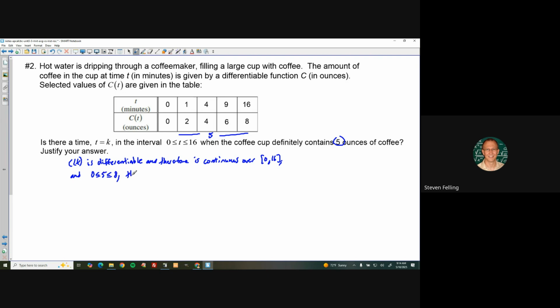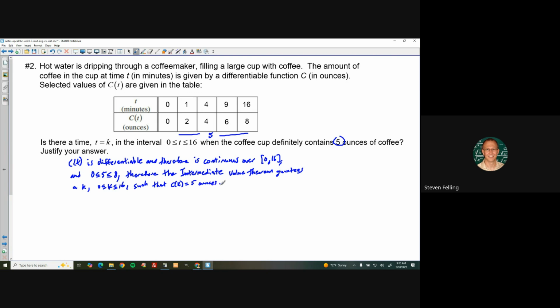Then we can say, therefore, the intermediate value theorem guarantees a k such that k is between 0 and 16, the x domain, such that C at that k is equal to the target y of 5 ounces.